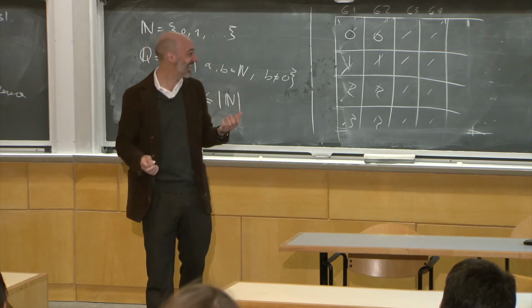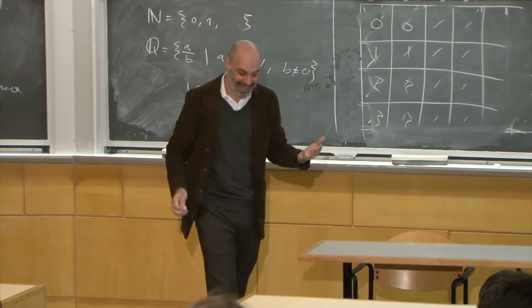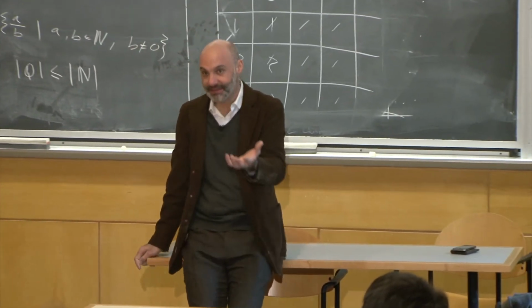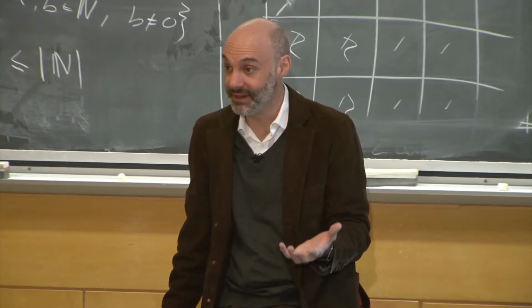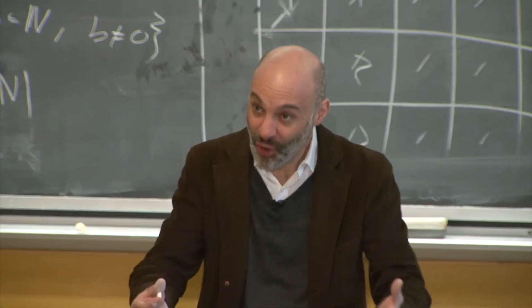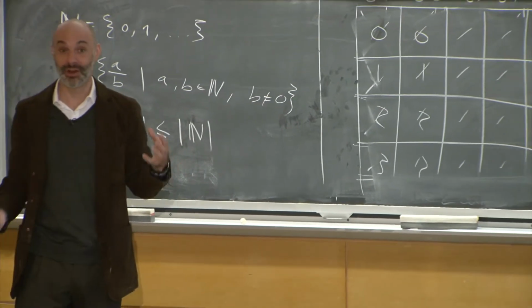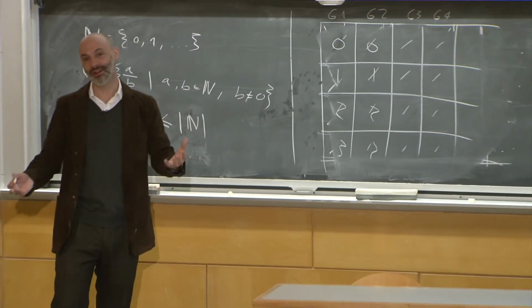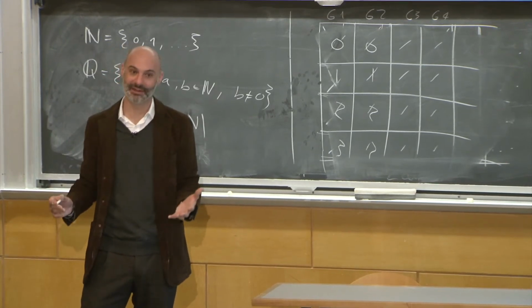Even though there is a result which is even more remarkable than that one. One thing that it's tempting to think at this point is that all infinite sets are the same size. So if sets so different as the rational numbers and the natural numbers turn out to be the same size, you think, once we move to infinity, basically any infinity is the size of any other infinity.